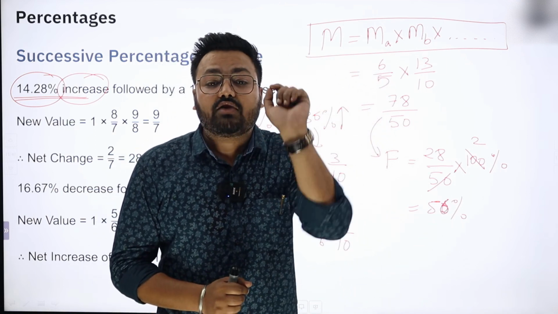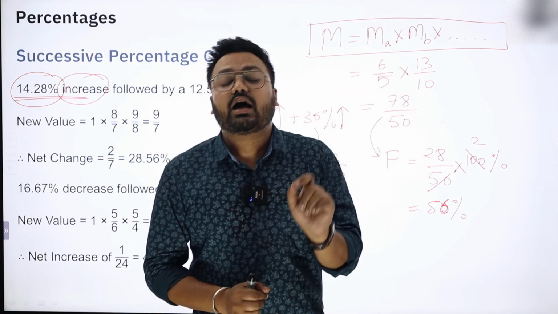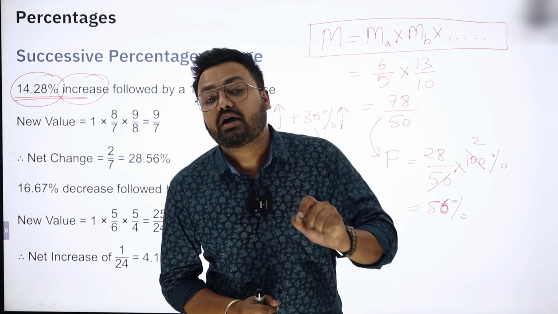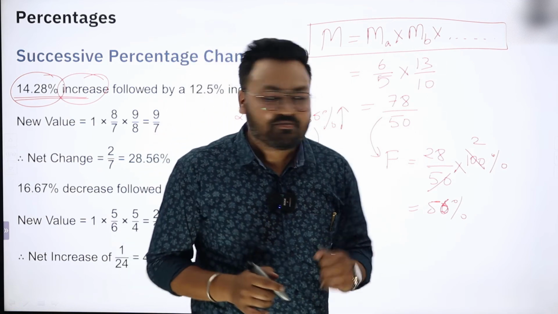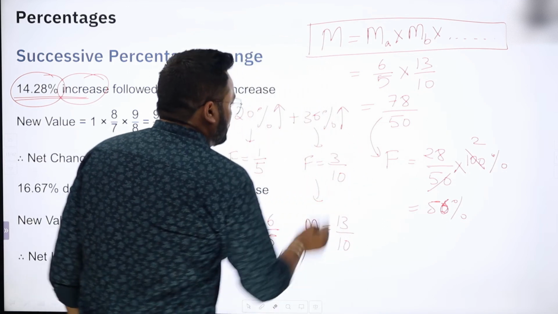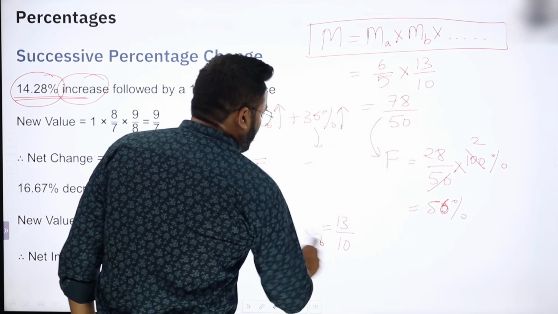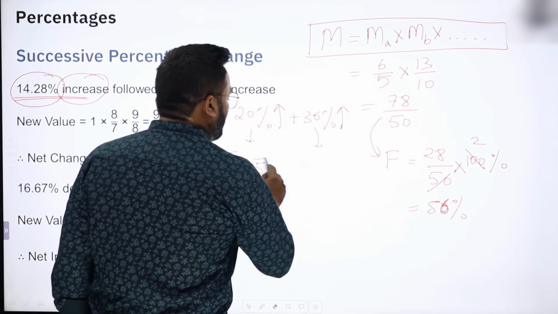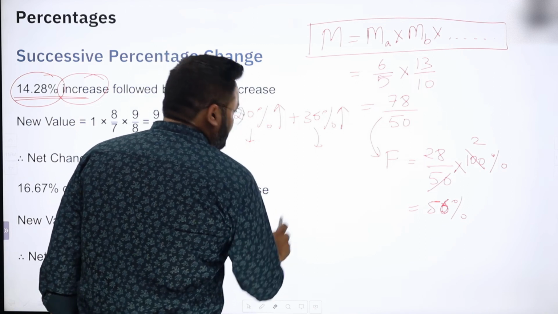Again, now I will use this formula for that second case where we have minus 20% and minus 30%, or I would say 20% decrease and 30% decrease. So there again we will use the fractional value, but the multipliers will be different because there is a change, which is what? Percentage decrease.